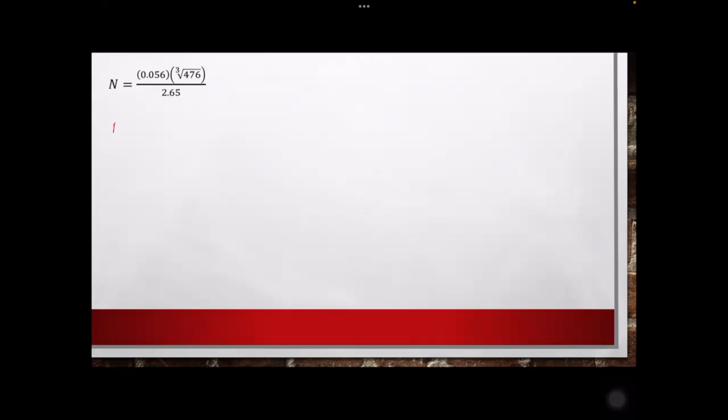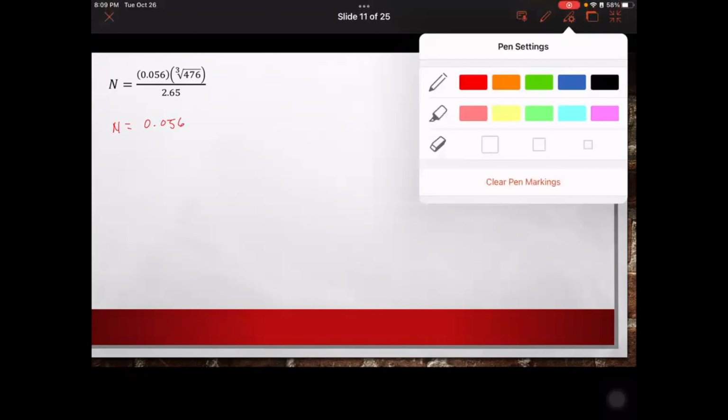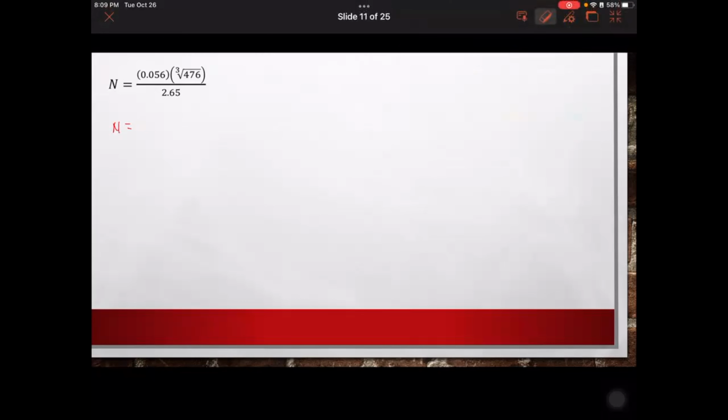So, magkakaroon tayo dito ng n is equal to logarithm of 0.056 plus, this will be 1/3, that's the power property, logarithm of 476 minus logarithm of 2.65. Then, kunin natin yung value ng bawat isa.